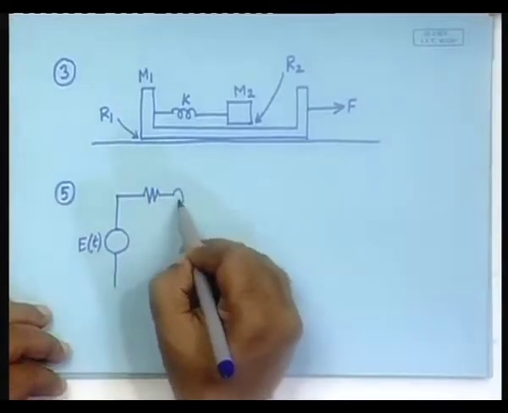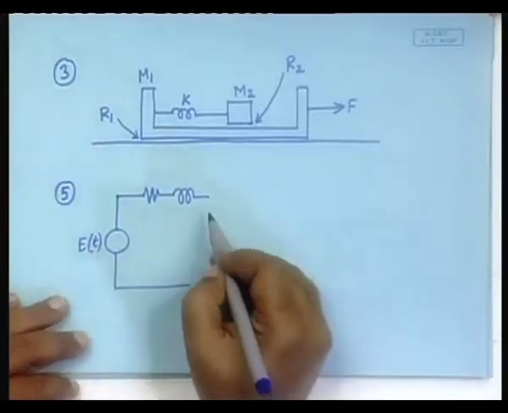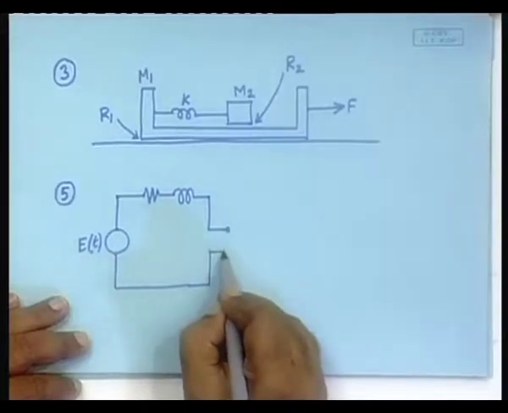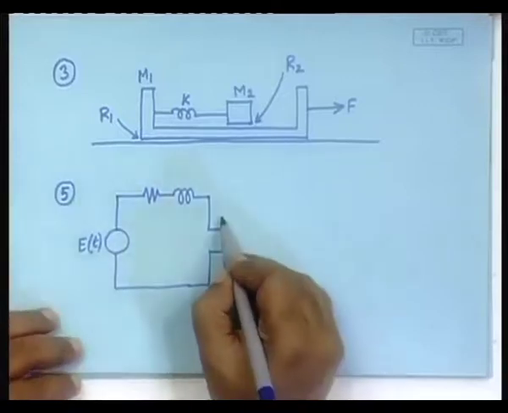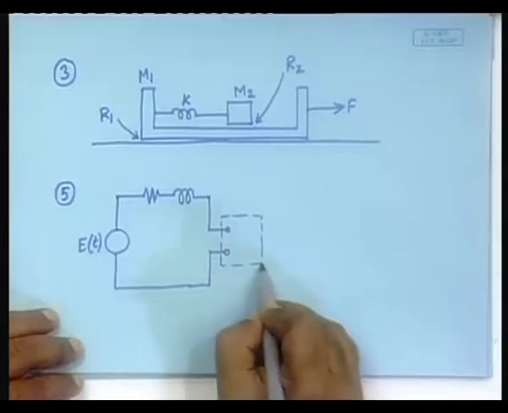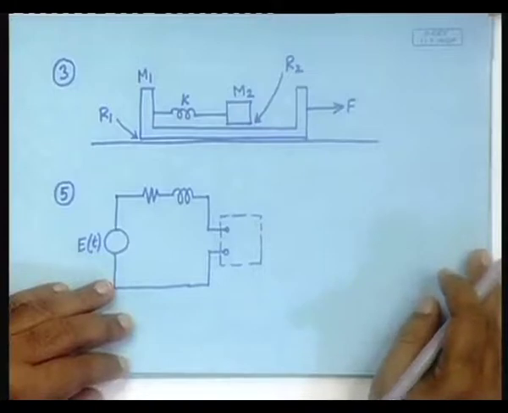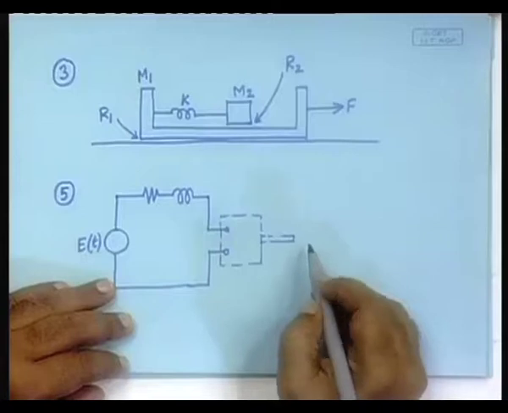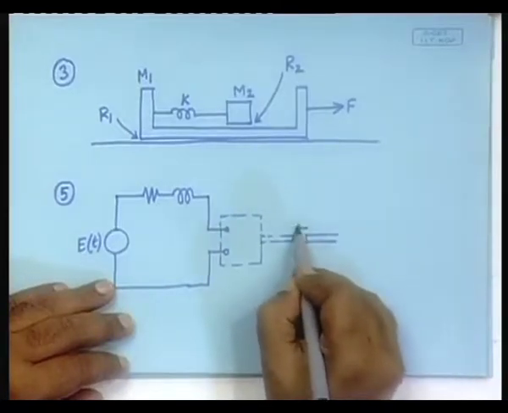A resistance and inductance will be there because a winding will always have these things, and then you imagine that you apply this to these 2 terminals, and here there is some kind of a transducer that pulls it with a force F.